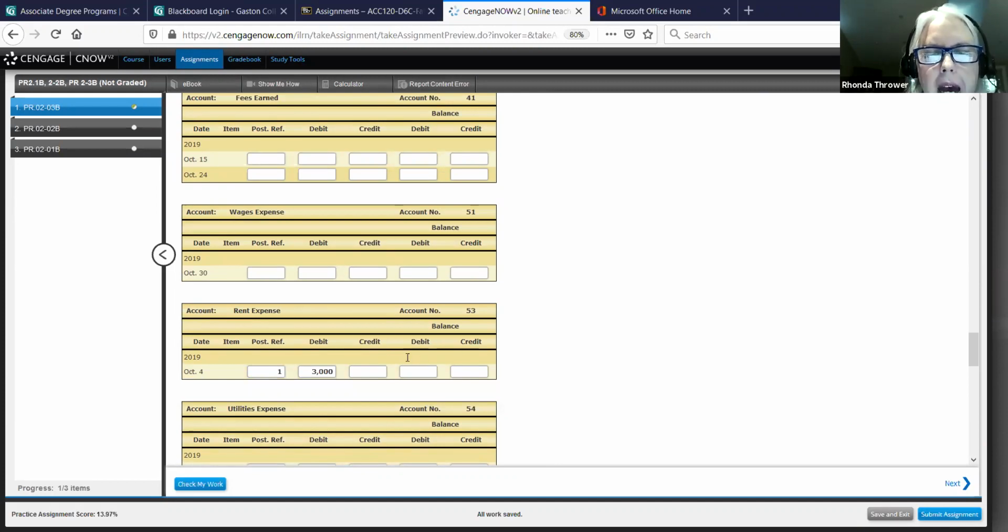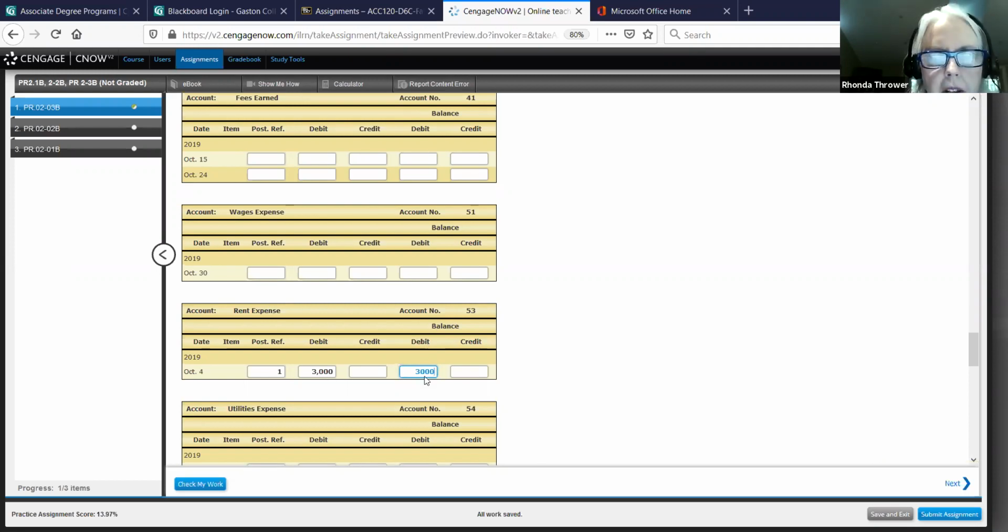I've got to put a balance in the rent expense account. Since rent expense increases on the debit side, its normal balance is going to be on the debit side. These last two debits and credits are for the balances. In this case, rent expense always should have a debit balance because that's the side it increased on.